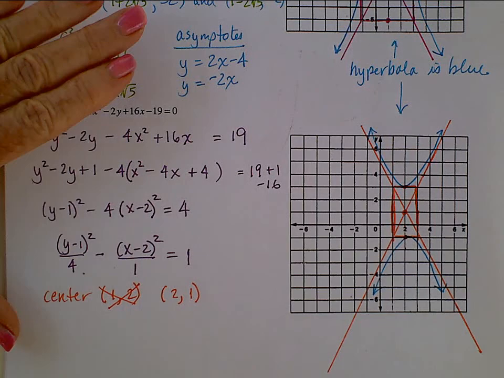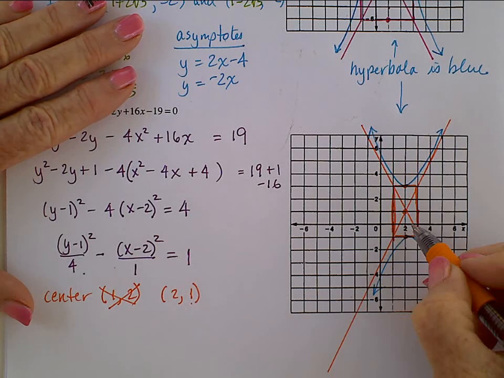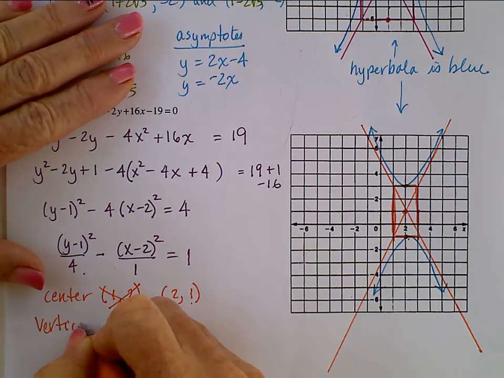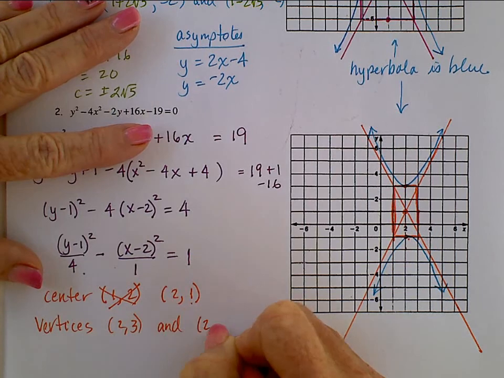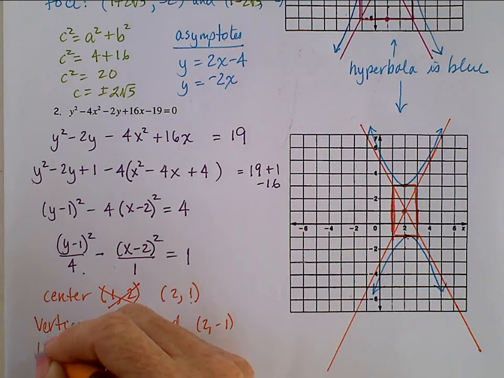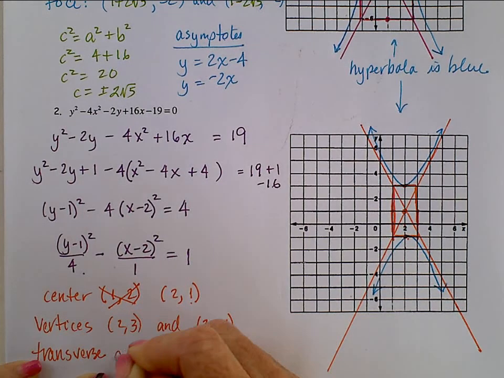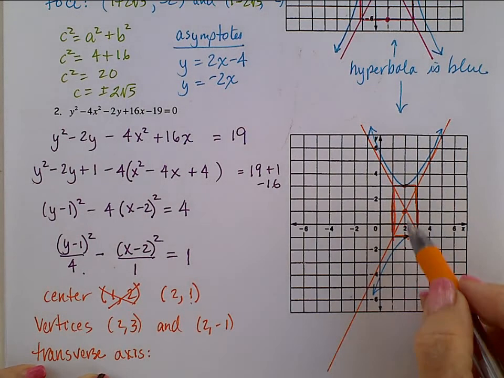Let's finish listing our important information. Center we already have. Vertices are (2, 3) and (2, -1). Transverse axis goes through the vertices, that's at x equals 2.